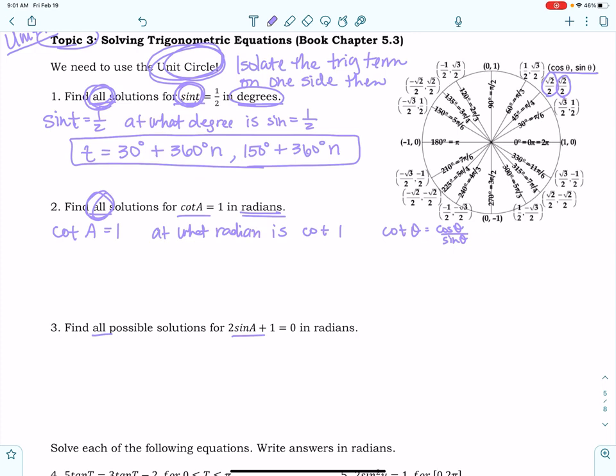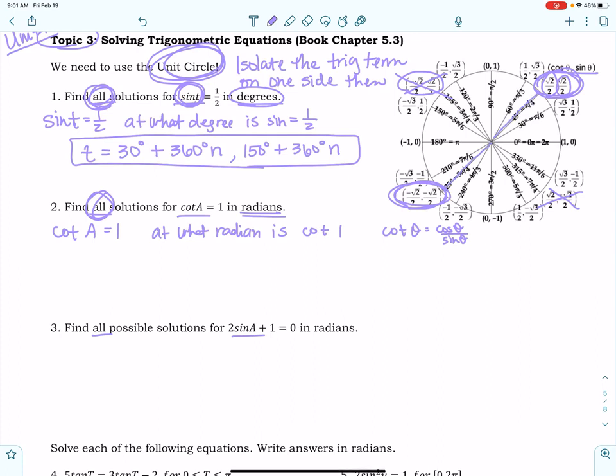The only place that cosine over sine equals 1 is going to be right here and right here. It's not going to occur here or here because those values are -1, since your sine is negative in quadrant 4 and your cosine is negative in quadrant 2. So this is occurring at 2 places, and notice the 2 places are right across from each other.